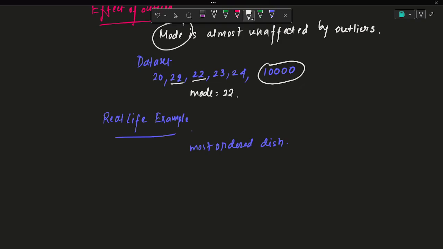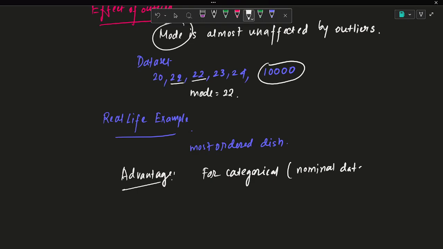As an advantage, for categorical data, which is nominal data, meaning some name or the name of the food, mode is good as a measure of central tendency.